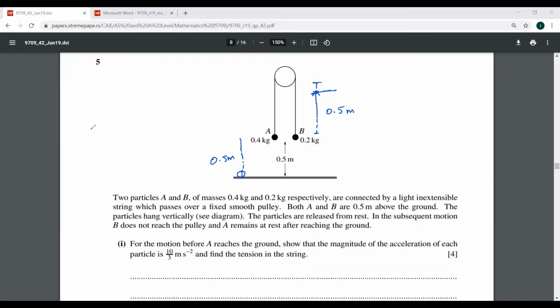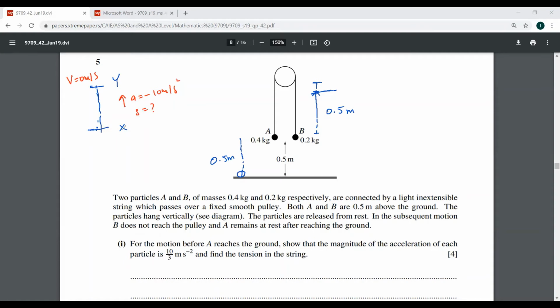Imagine this is the situation from, let me say, X to Y. This is moving upwards when the string is slack. When it reaches the point Y, you know that its final speed would be 0. And while it is moving upward under gravity, its acceleration is going to be minus 10 meters per second square. You have to find the distance.